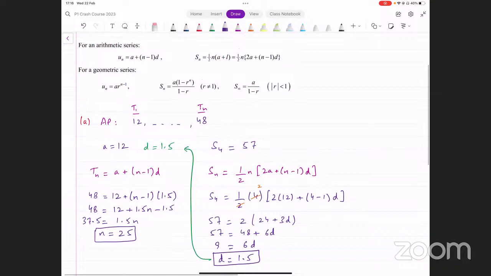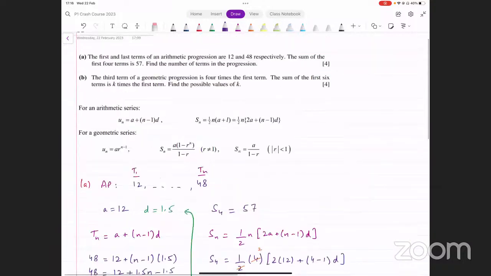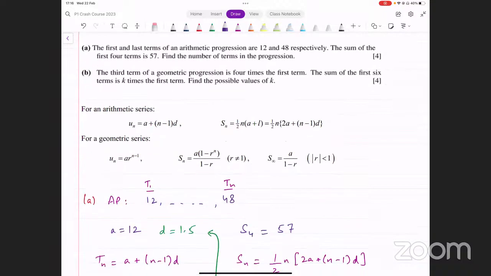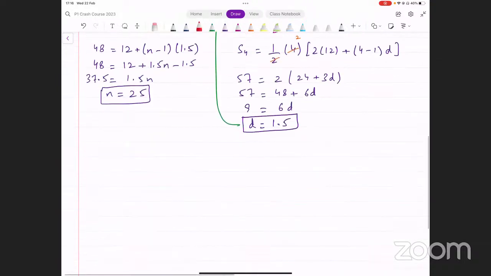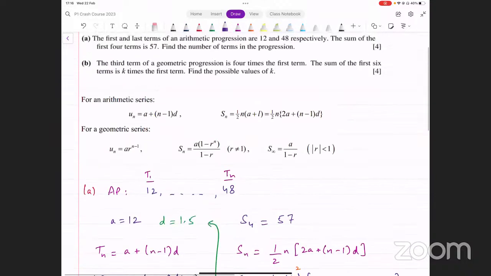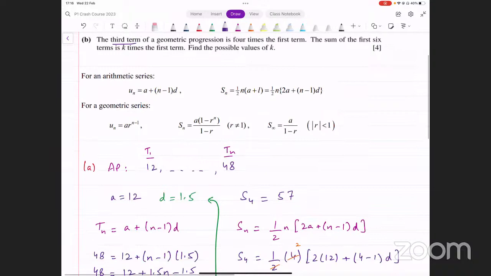Is that all right? So that's what we would do here. Let's look at the second part. Now it says, the third term of a GP is 4 times the first term. We're talking about part B now. The third term of a GP, so we're talking about a GP.